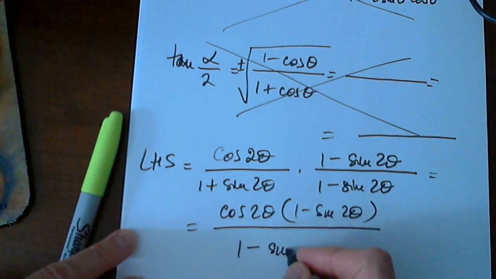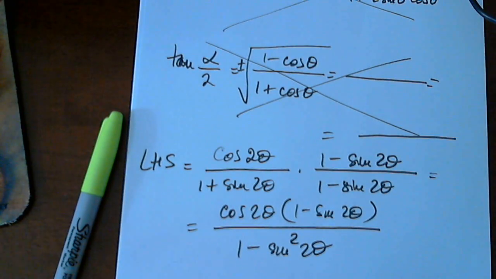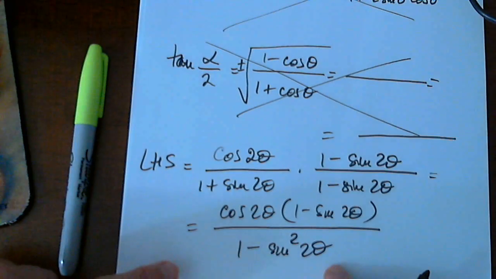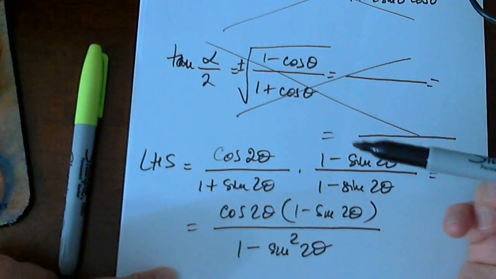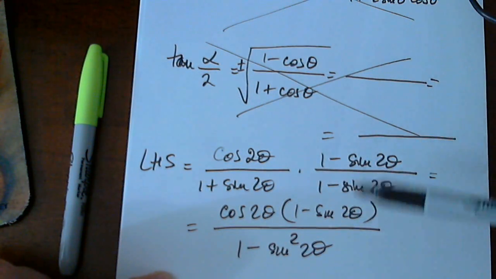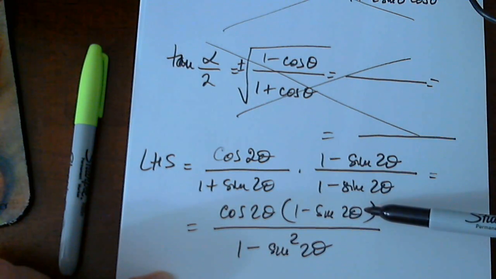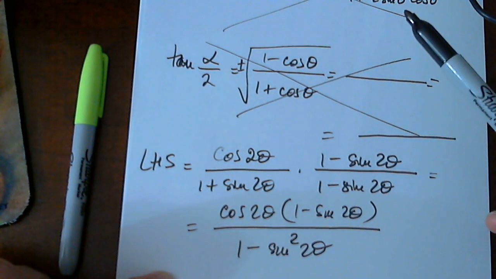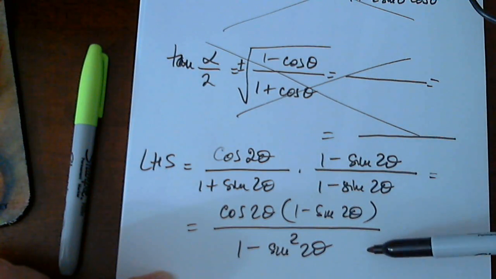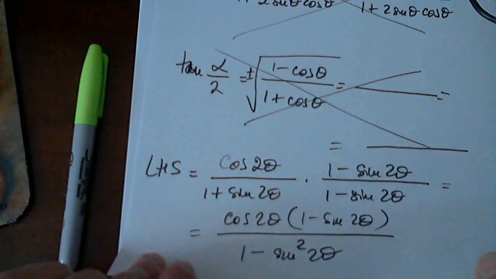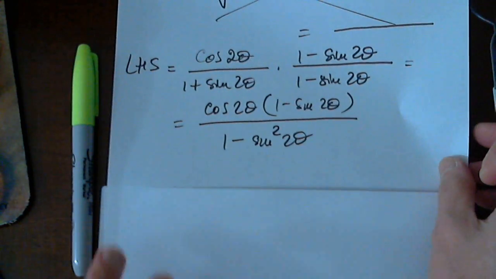I get 1 minus sine squared 2 theta. If I change this into one of those, cosine 2 theta, okay. I still don't see how to continue.